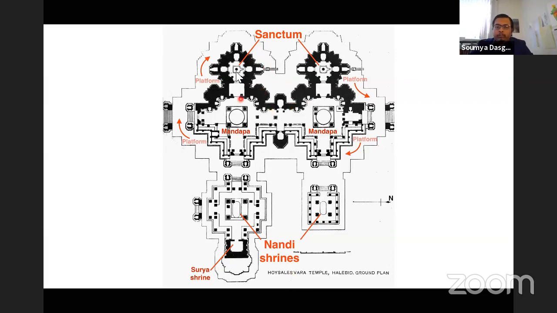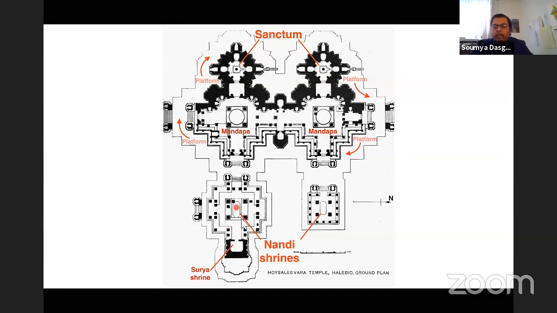So you can see there are two sanctums and two mandapas in front, and they're connected by this vestibule. And then there are other shrines here.